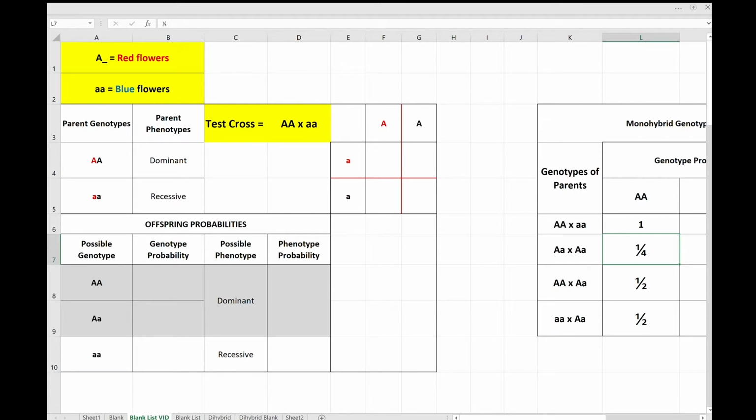This is not a real flower. We're going to take a plant that has red flowers that are dominant and blue flowers that are recessive.